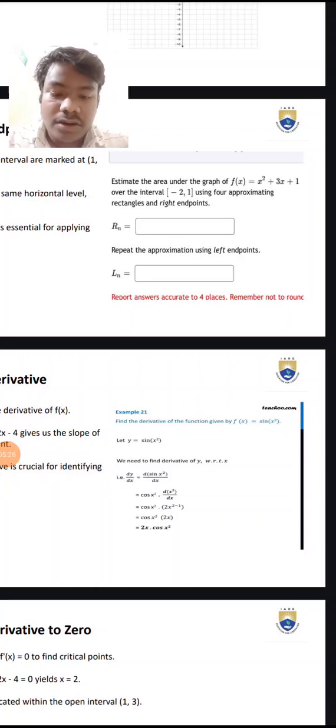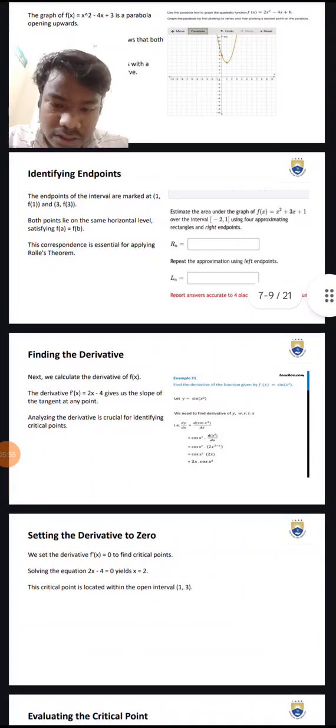We need the derivative of y with respect to x. dy by dx equals d of sin x square by dx, which is cos x square into d of x square by dx, which is cos x square into 2x.